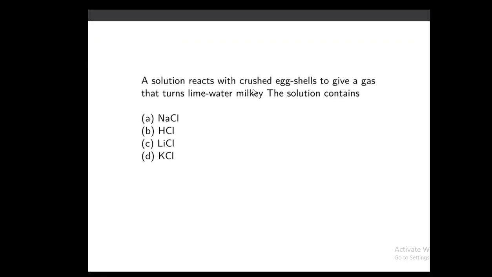A solution reacts with crushed eggshells to give a gas that turns lime water milky. The solution contains?